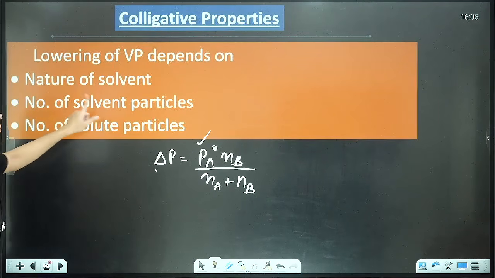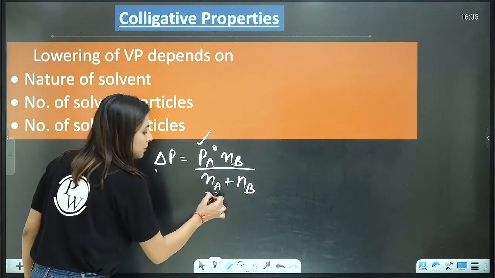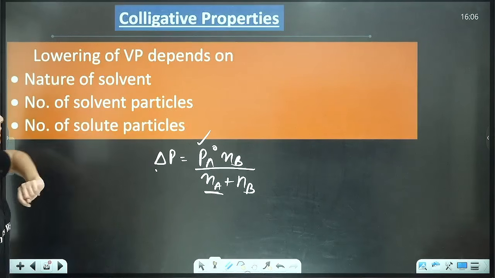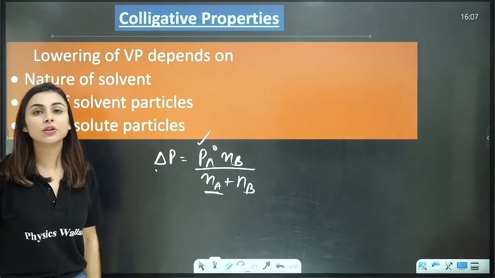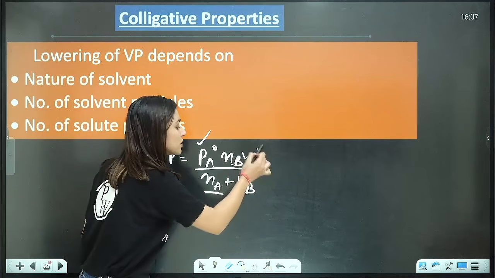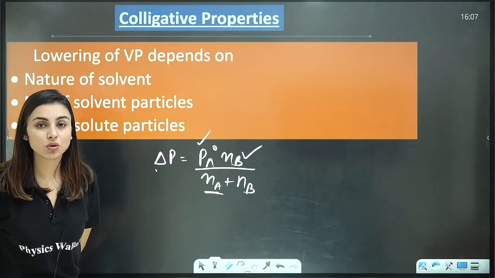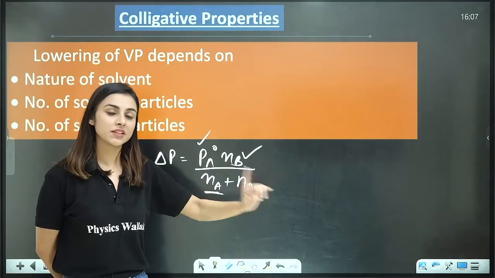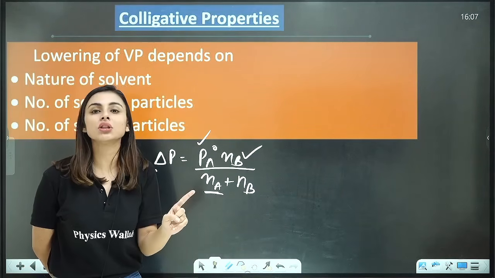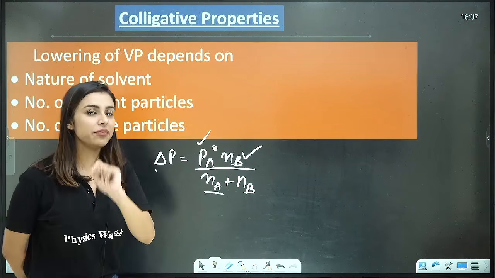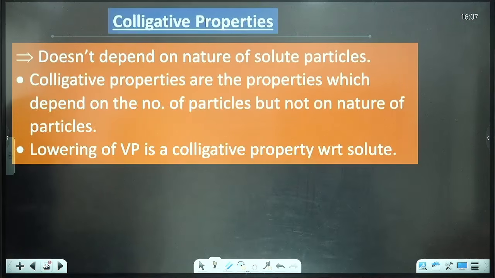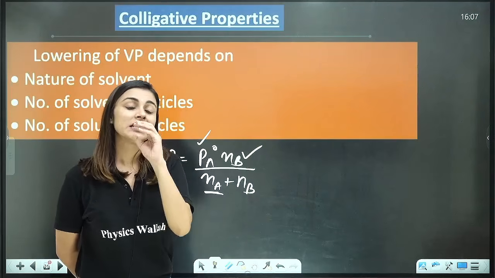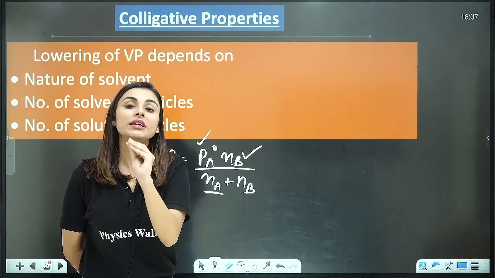It depends on the number of solvent particles and on the solute particles, because B is your non-volatile solute. So we have concluded that this depends on the nature of solvent only, not on the nature of the solute. This is the reason we say that delta P is a colligative property.